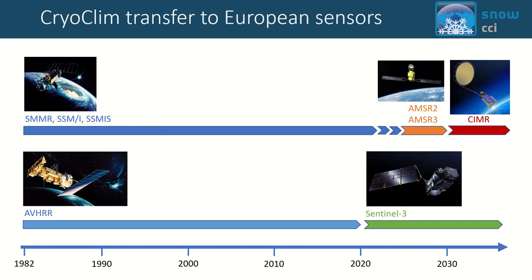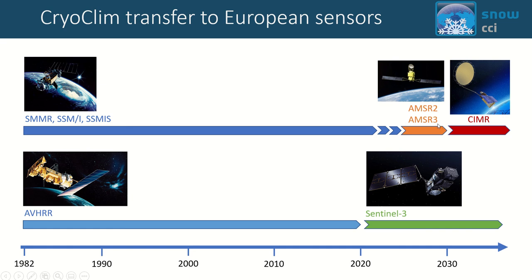For the future, we are most likely to transfer to European sensors with SMR for passive microwaves in the long term. It's unlikely that we will have an American passive microwave radiometer sensor for a period up to SMR, so we will probably close the gap using AMSR2 and AMSR3 data.